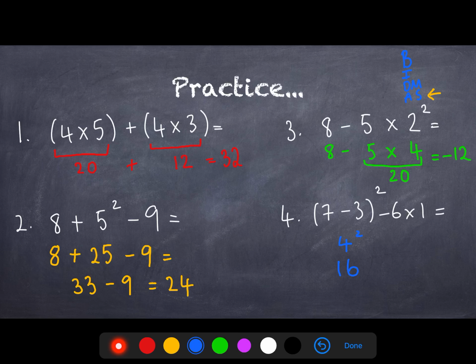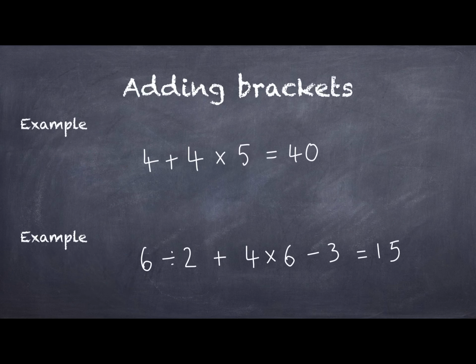Then next I've got a subtraction, but I also have a multiplication. So I'm going to do that multiplication. 6 times 1 is going to be 6. So I've got 16 minus 6, that is going to give me 10. Okay, so it's really important we get those in the right order. Hopefully you got those all right. If you didn't, then you can look back at what I've gone through and try and correct your work.